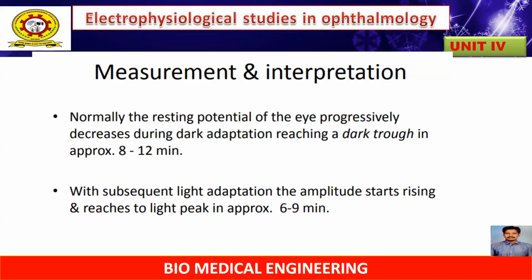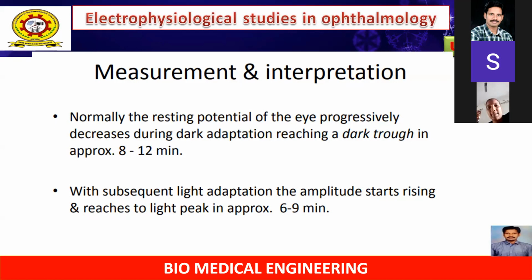When we switch off the lights, the resting potential observed in the eye should be treated as the measurement for further measurement. Similarly, when this test is continuously on, a subsequent light adaptation is required. The concerned amplitudes are used as the minimum and maximum light amplitudes. Then only proper readings are taken.